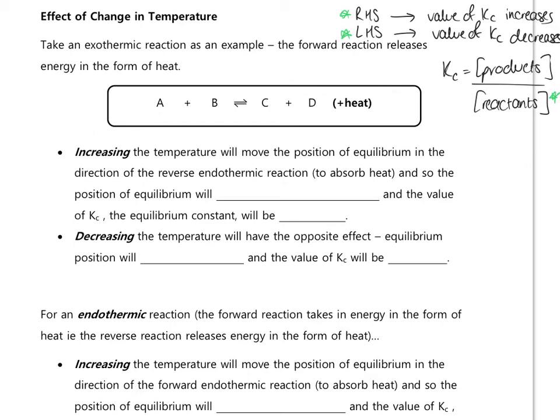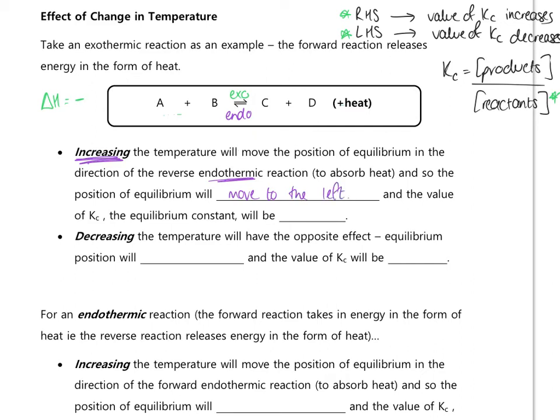If my forward reaction is exothermic, that would be if delta H is negative, then my backwards reaction is going to be endothermic. We know that an increase in temperature favours the endothermic reaction. In this case, the endothermic reaction is the reverse reaction, the backwards reaction. So that means the position of the equilibrium is going to move to the left.